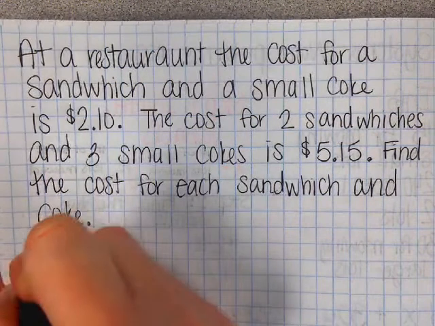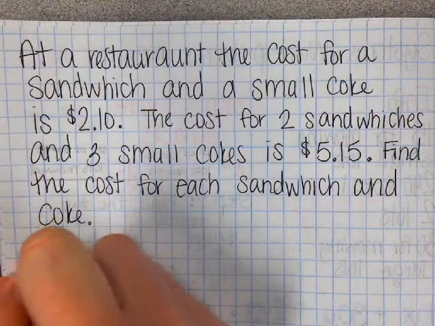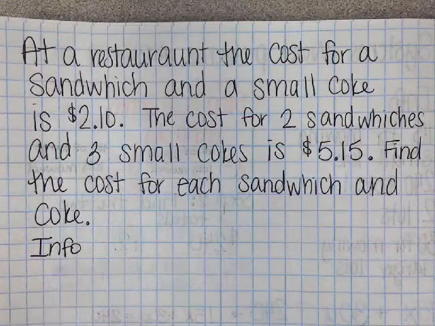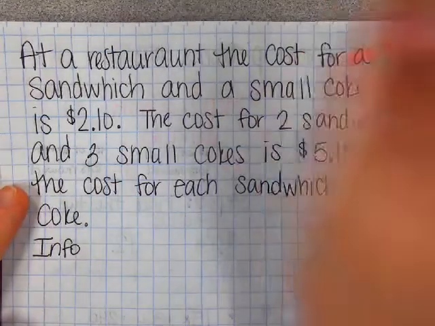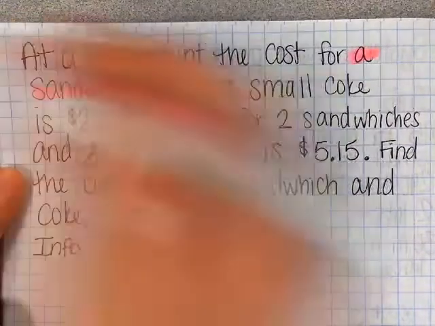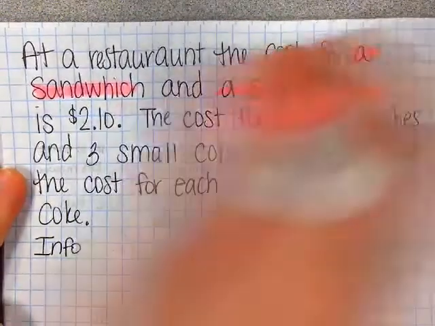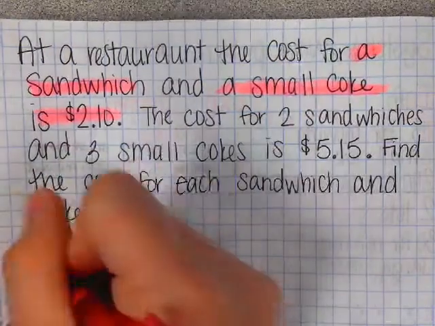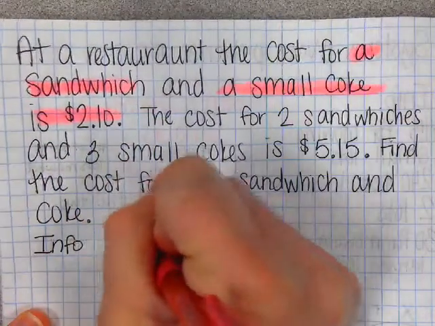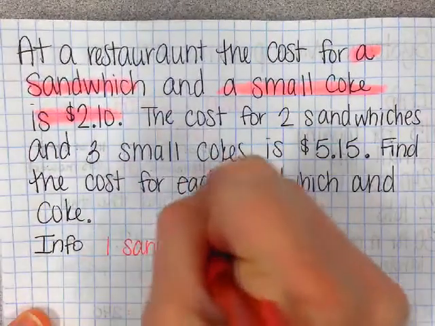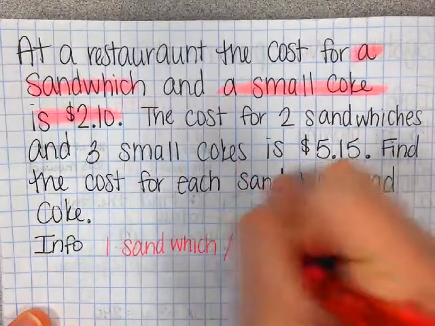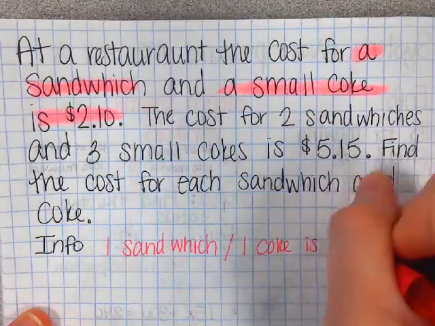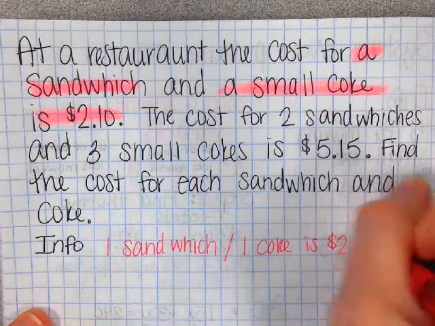So I'm going to do the same thing I did on the last one, and write out the important information. If you look at that first sentence, it says a sandwich, so 1 sandwich and a small Coke is $2.10. So 1 sandwich and 1 Coke is $2.10.